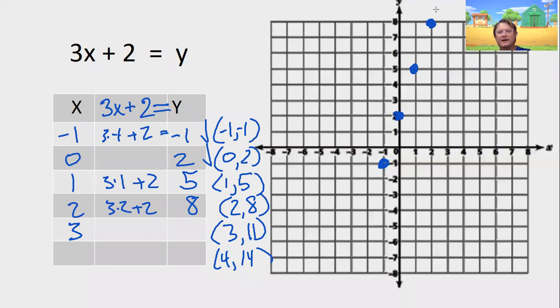And look, I have these guys in line. Kind of like that. It's not perfect, but it's pretty close. And I'll put some arrowheads at the end. Something like that. Okay?